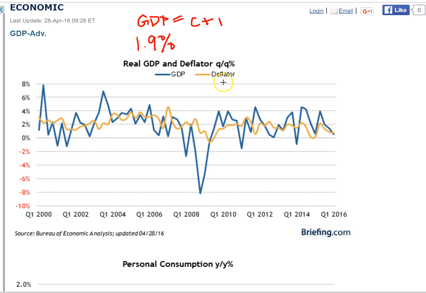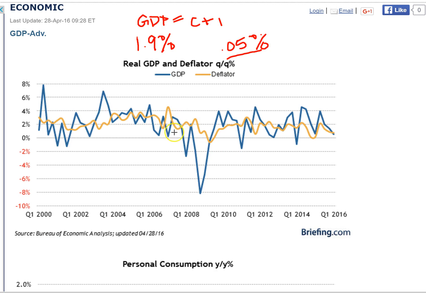In other words, that's first quarter of this year divided by first quarter of last year. You may have heard of another piece of information, 0.5% growth. Now that's a big difference, 1.9 and 0.5. Well, this right here is quarter to quarter annualized.